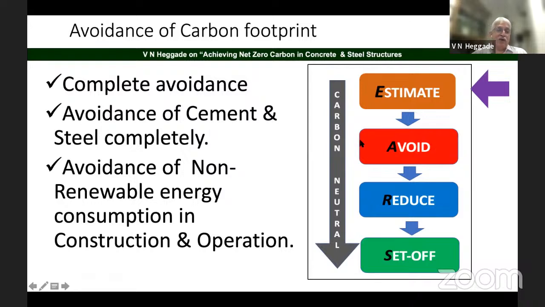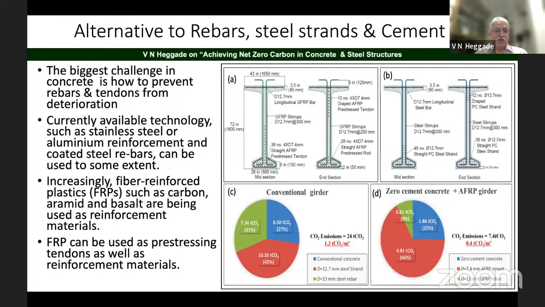We'll have to look at whether complete avoidance of cement and steel is possible. Avoidance of non-renewable energy consumption in construction and operation: instead of non-renewable energy, use renewable energy sources, not from fossil fuels, not from the burning of coal. If we are able to completely avoid it, it's possible for us to do that.